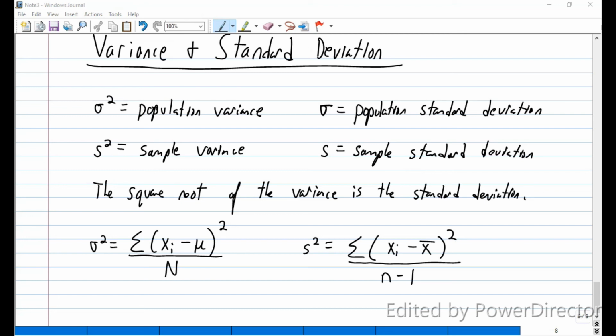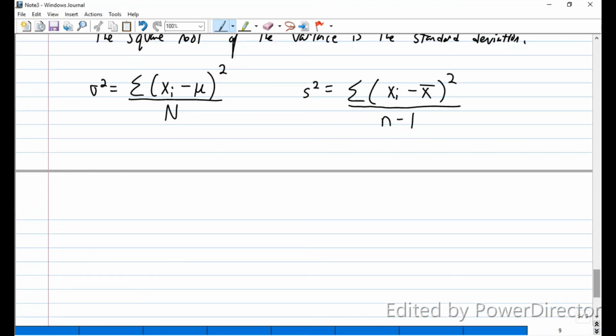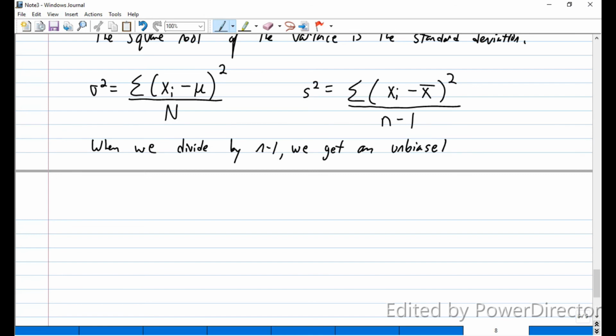So, when we divide by n minus 1, it will give us an unbiased estimate of the population variance.